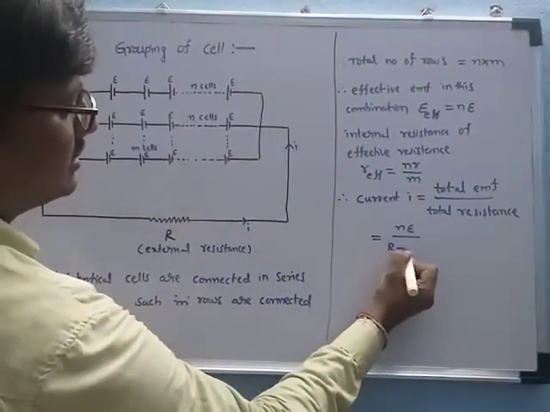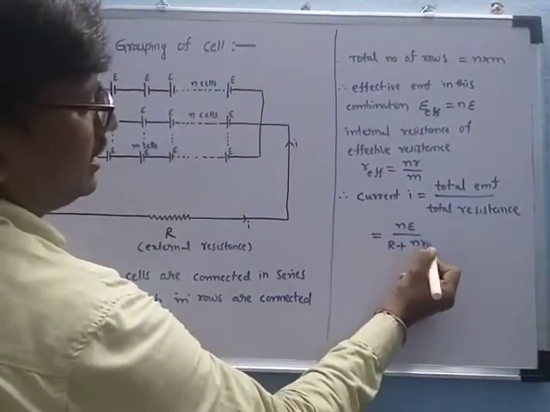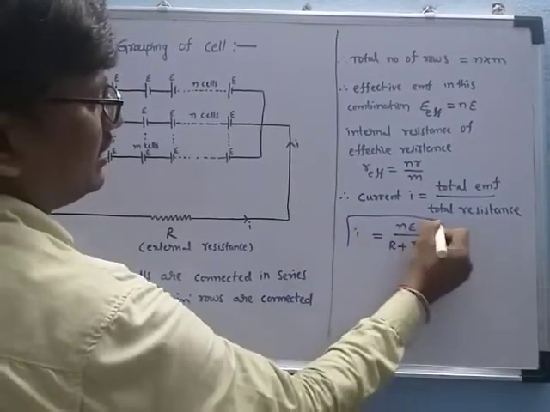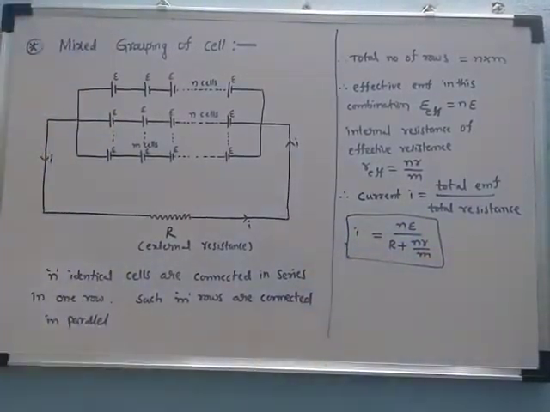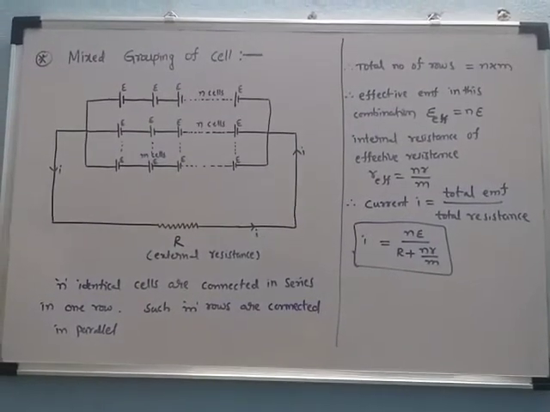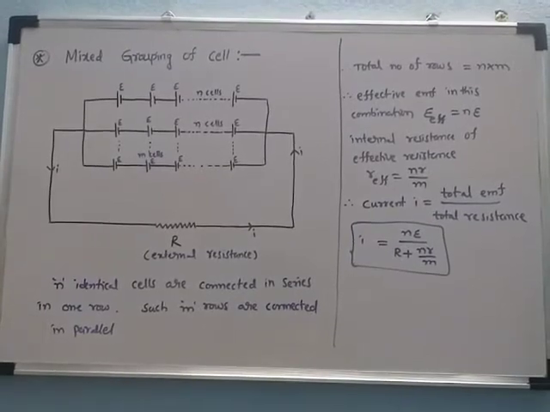The external resistance is capital R and the effective internal resistance is small n into small r by m. This is the current in a circuit when it is a mixed grouping. Now we can find out the condition for maximum current.